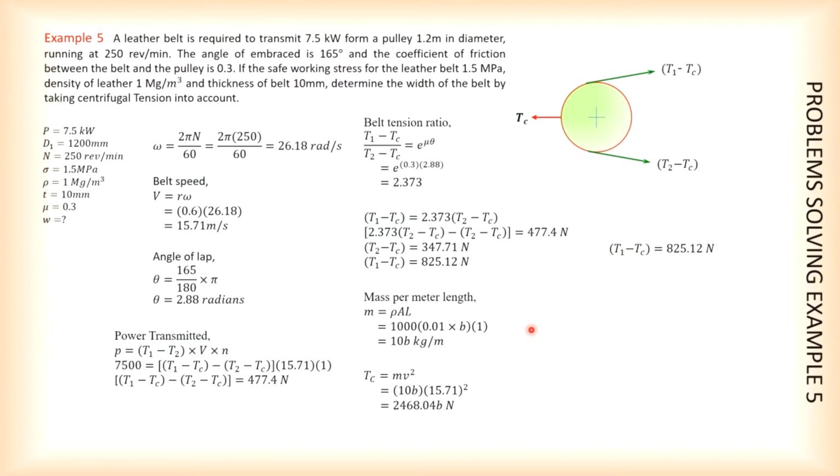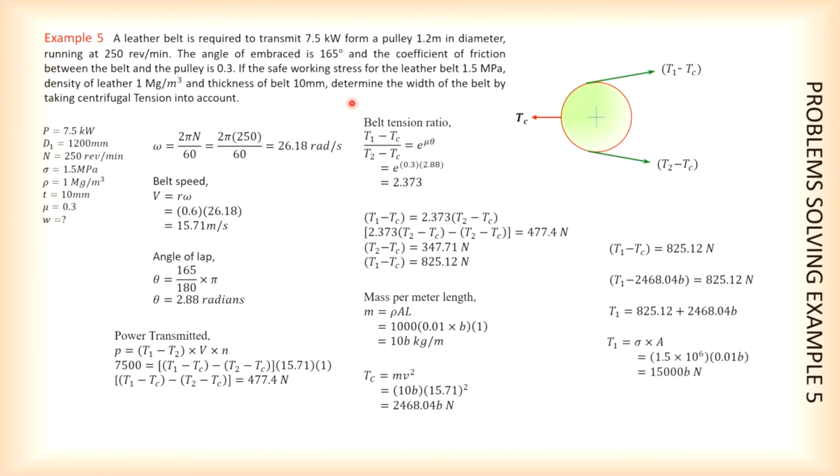Since we know the TC, we substitute TC here. So we got this. So manipulating this, you got T1 equal to 825.12 plus 2468.04B.